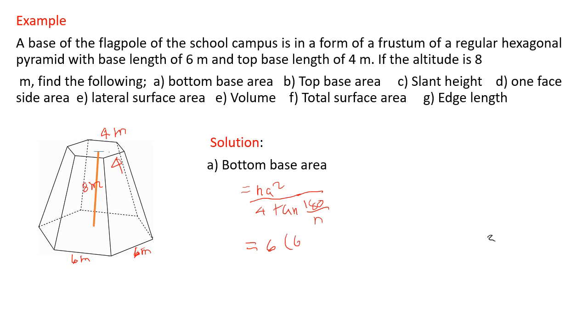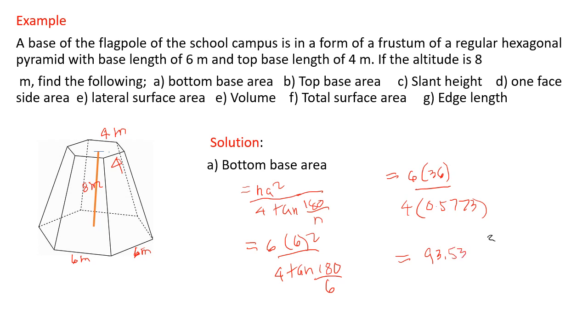That equals 6 times 36 over 4 times 0.5773, which is equivalent to 93.53 square meters.